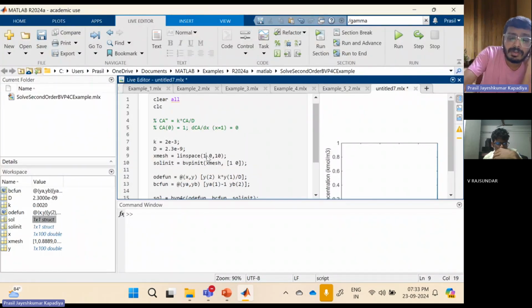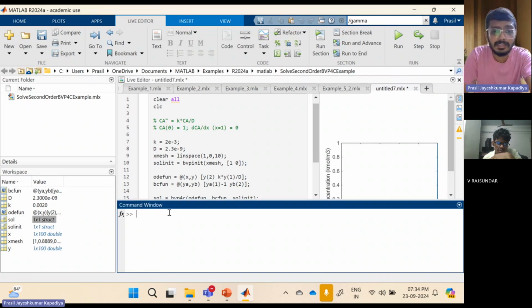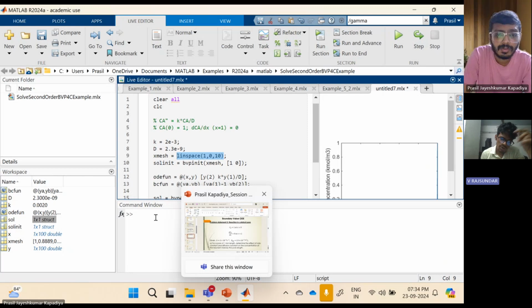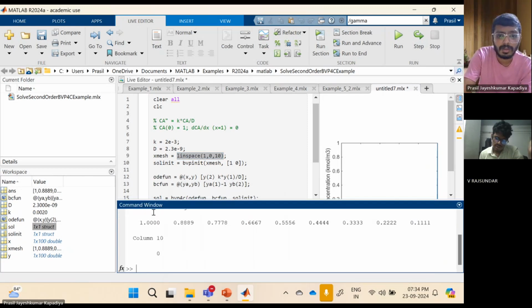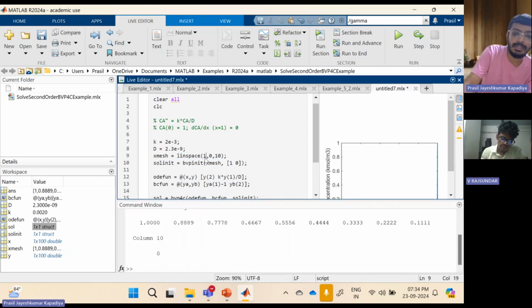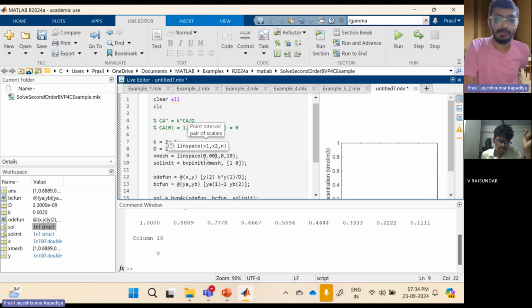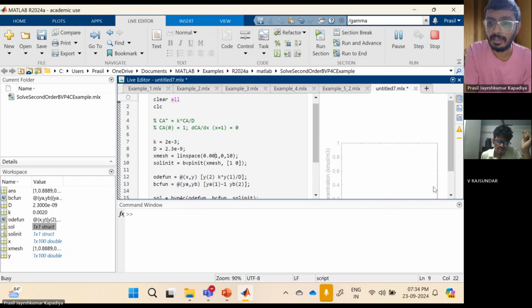Wait, let me just check this part. 0 to 1 will be fine. No, we are solving for 1 millimeter. Yeah, it is 0 to 1 millimeter, so it is 0.001. Yeah, that is the issue.